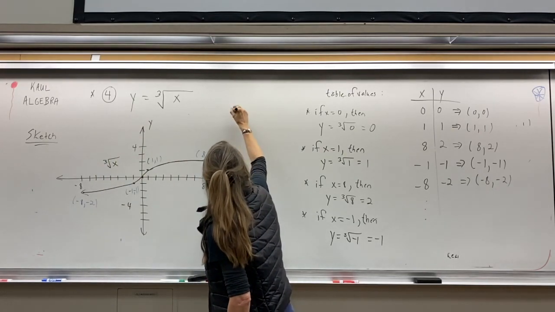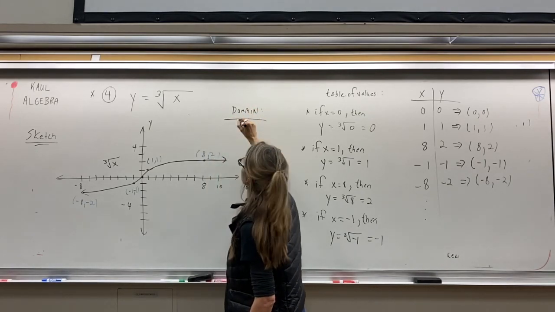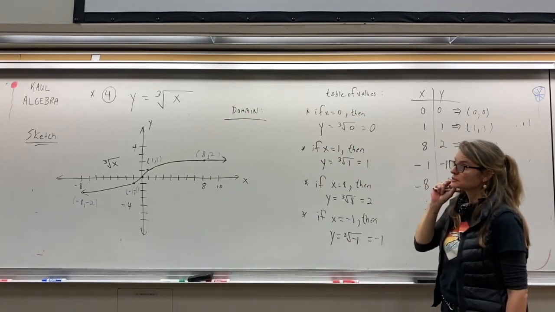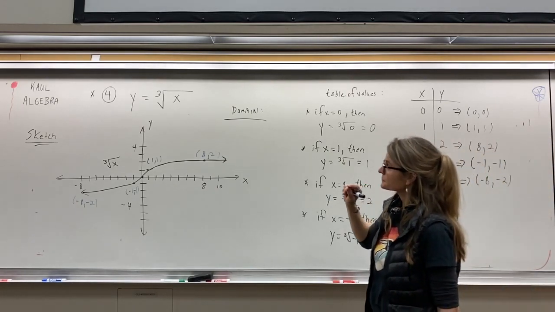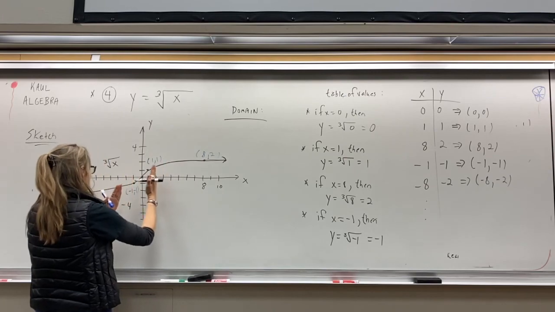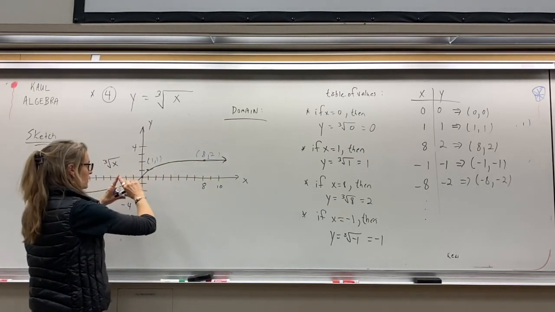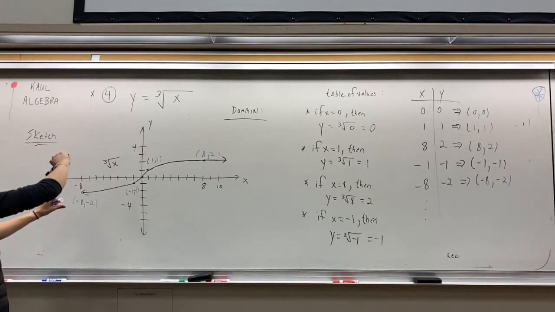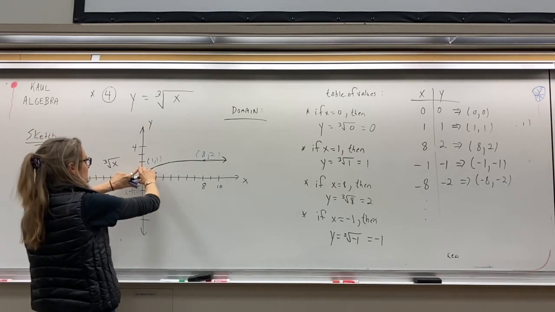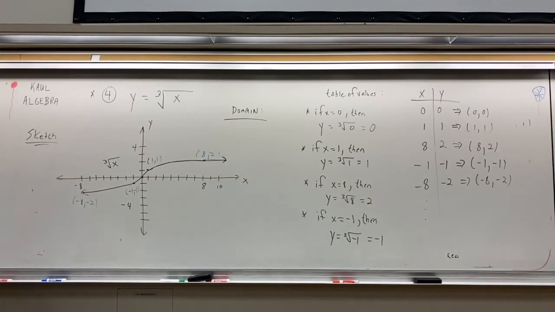And our domain, lastly, what we'll do is look at our domain and note the difference between the cube root of x domain and the square root. Now, we have covered every x value. This goes on to infinity this way, and this goes on to infinity this way. This graph covers every single possible x value.